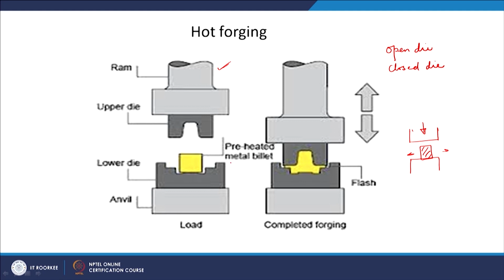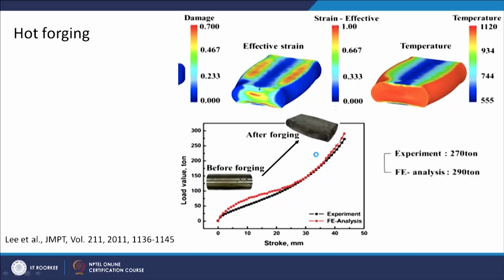So, a preheated metal billet will be kept on the lower ram, and then you will hammer with the upper ram. It can be done in repeated cycles. It will not be a one shot process, you keep hammering till the material takes the shape of the die. Again, people have done studies, some experimental, some FEM simulations, just to show what kind of strain rate and temperature you can attain in the material.